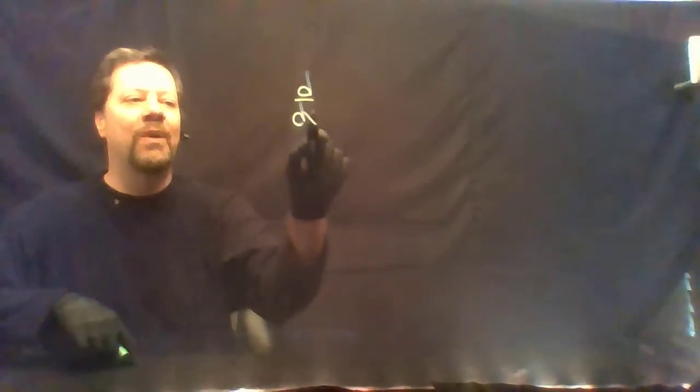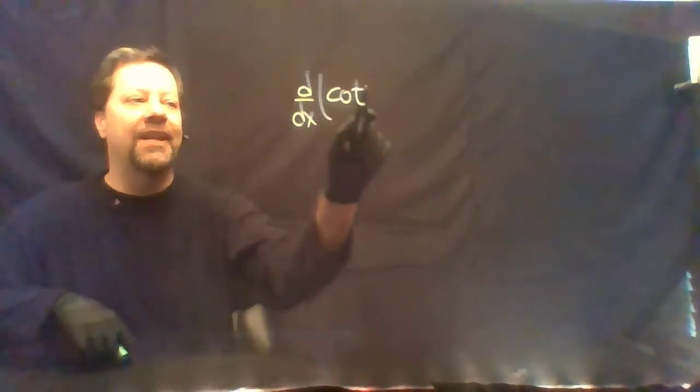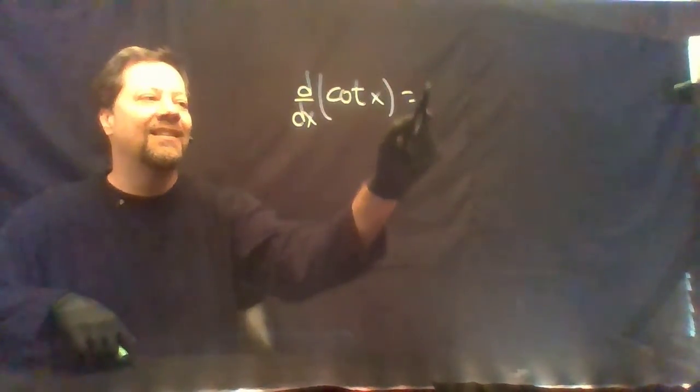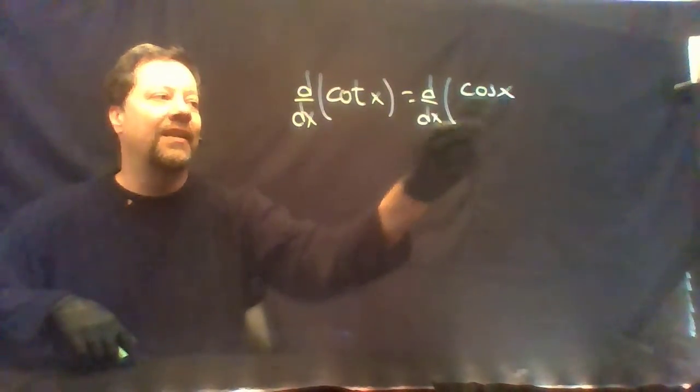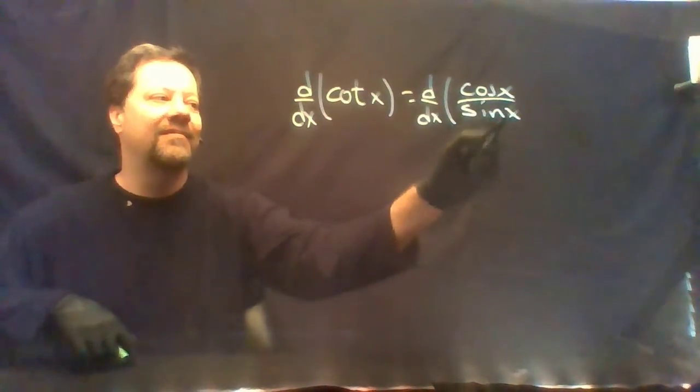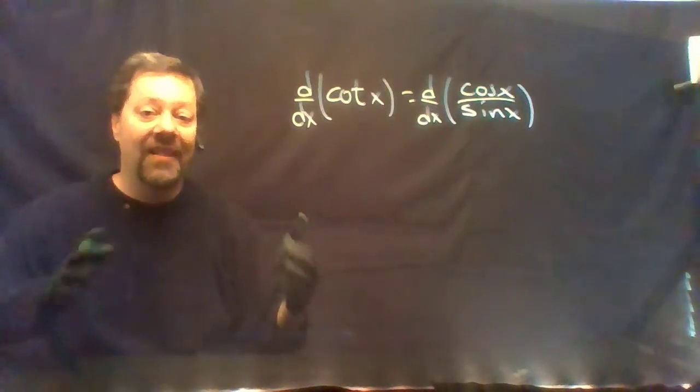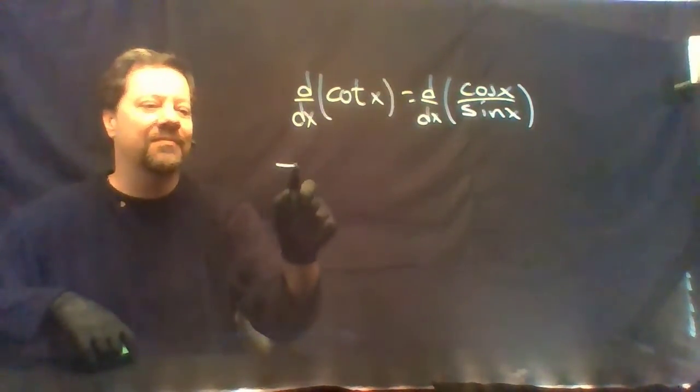Well, that game should play out pretty much the same way when we calculate the derivative of cotangent. That's the derivative of cosine over sine. And again, that requires the quotient rule.